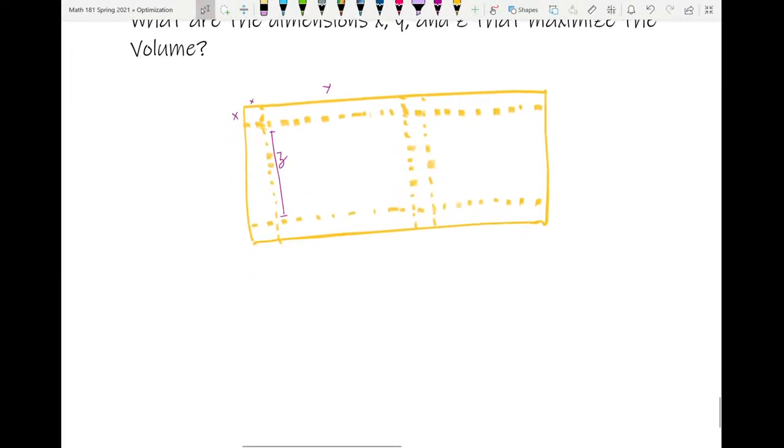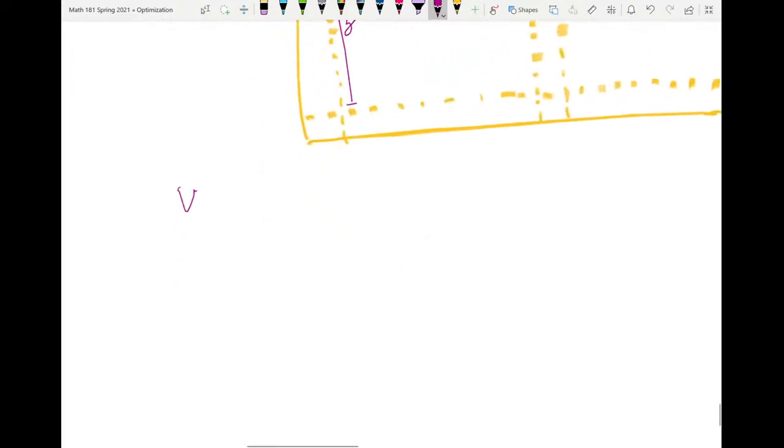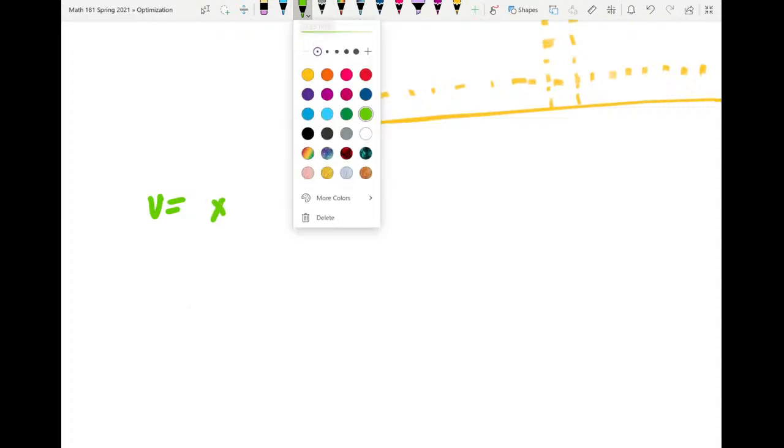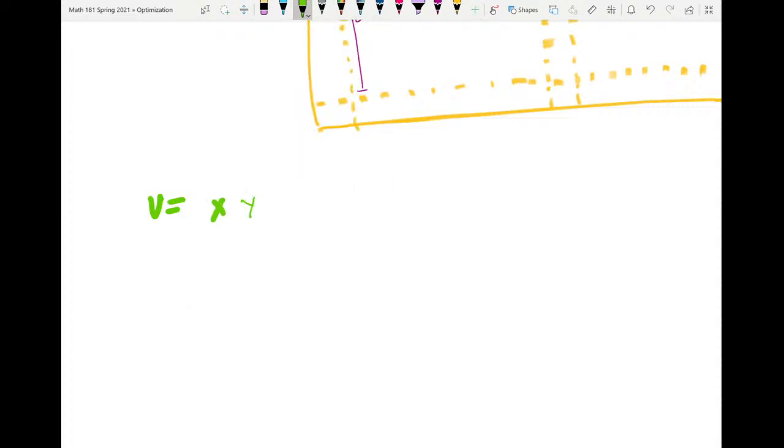So first thing first, the way we find the volume. Volume would be x times y times z.